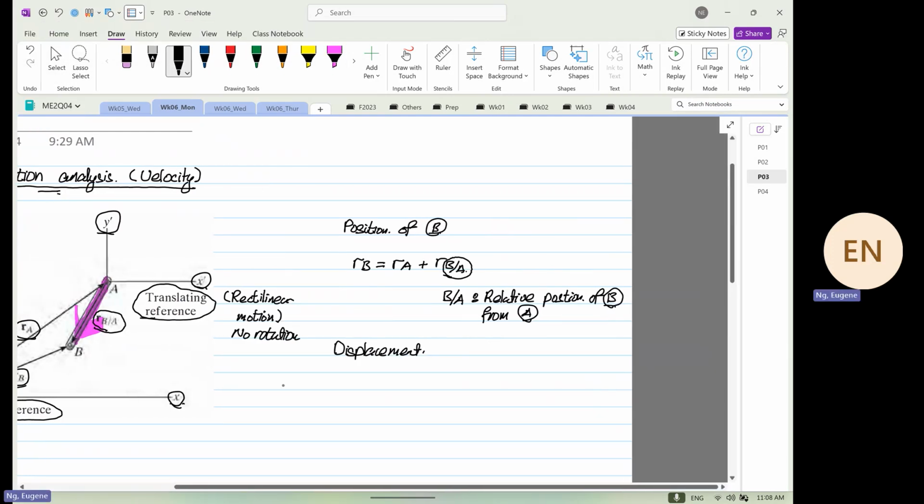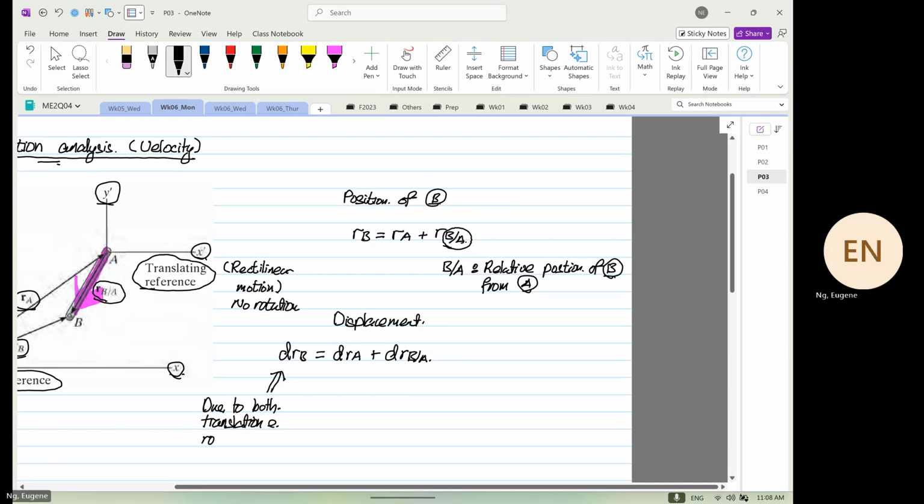So the displacement dr of point B is equal to dr of point A plus dr of B from point A. We know over here, dr_B is due to both translation and rotation, whereas this term over here, dr_A, is only due to translation.